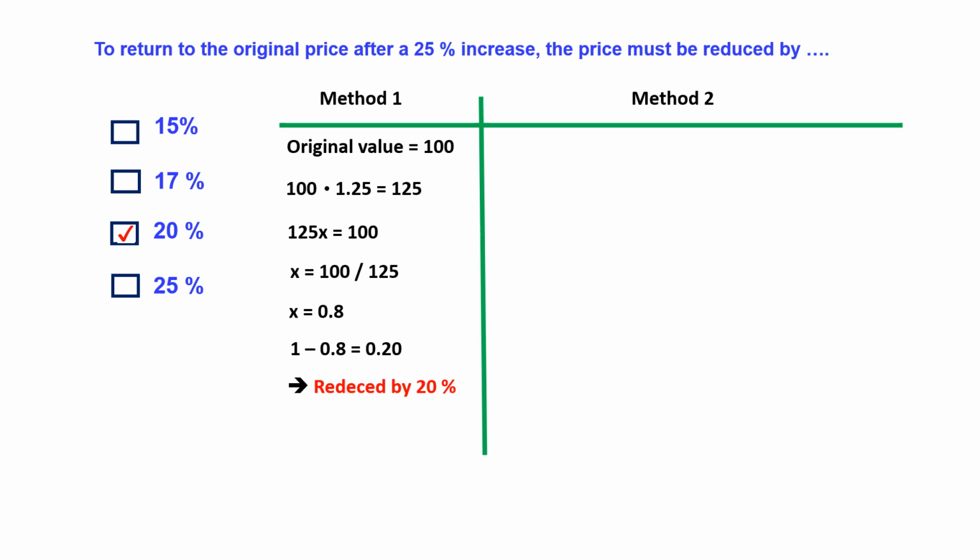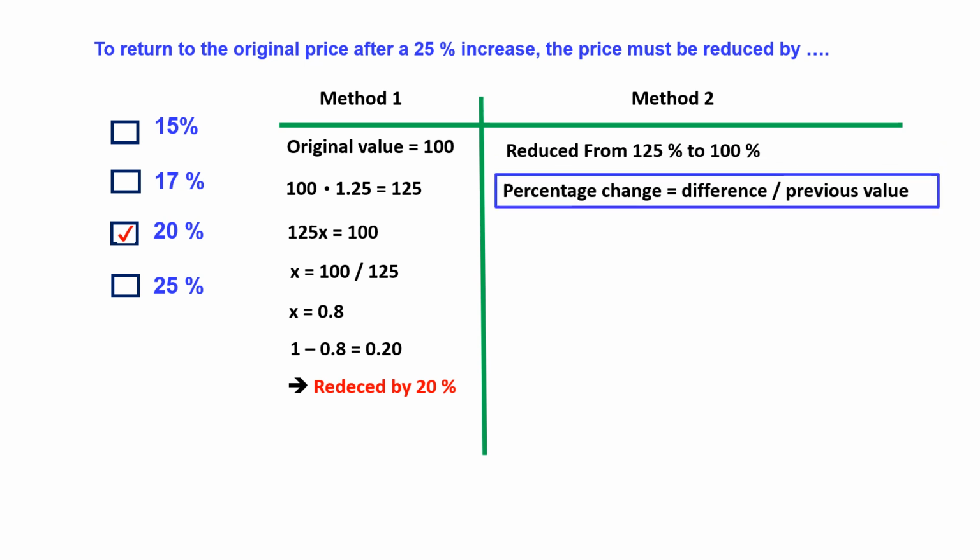Another method for solving this problem is using the formula. The formula says that the percentage change equals to the difference divided by the previous value. We have increased the price from 100% to 125% first, and now we want to reduce 125% to 100%.